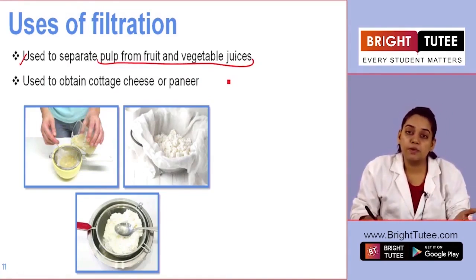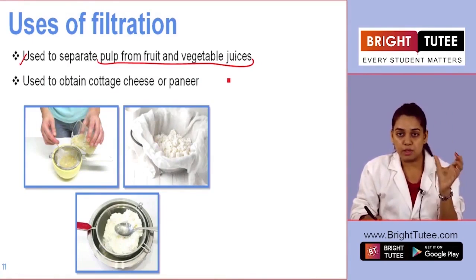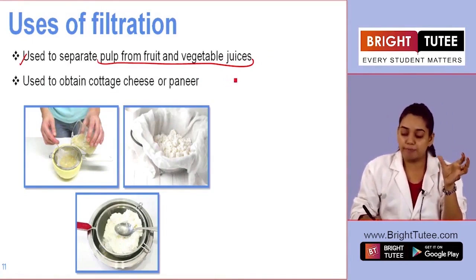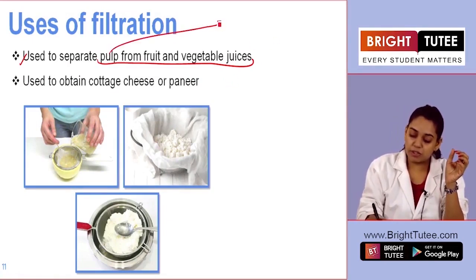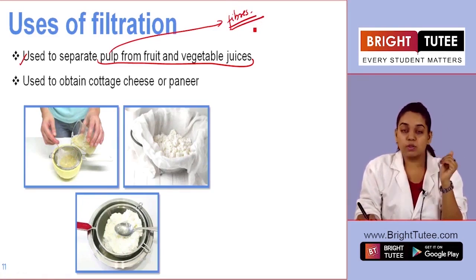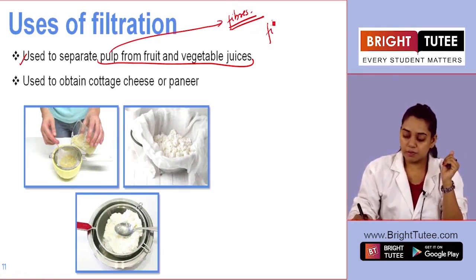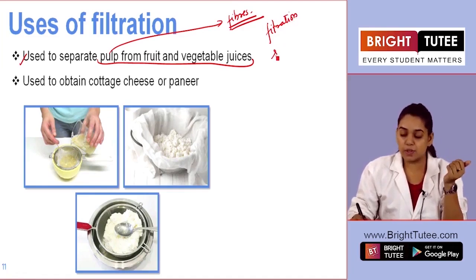When you consume fruit and vegetable juice, they have a large amount of pulp, which is the fiber of these fruits and vegetables. It can be separated from the juice using the process of filtration. And for this we can use the simple strainer that we use to filter tea leaves from tea.